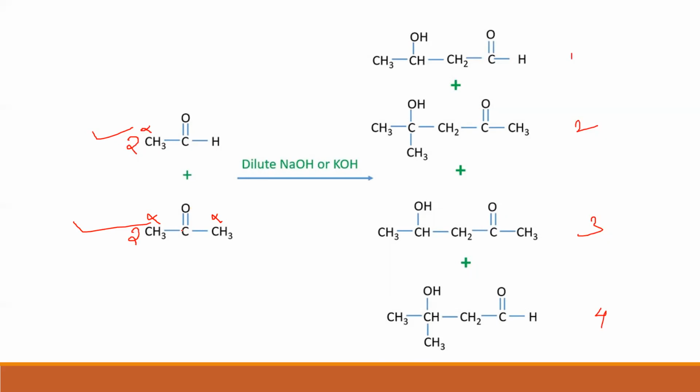The fourth product is obtained when acetaldehyde reacts with acetone and the hydrogen is removed from acetone. Clear? So depending upon which compound hydrogen is removed from, and which compound is attacking the other carbonyl compound, I get the other 2 products. Got that?